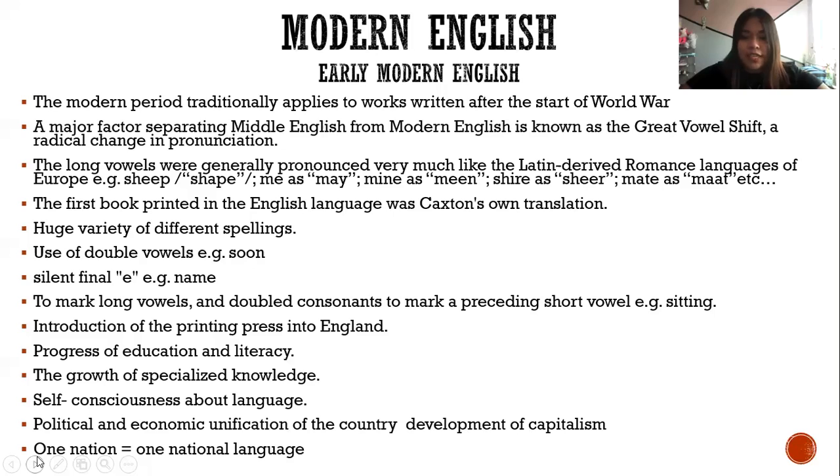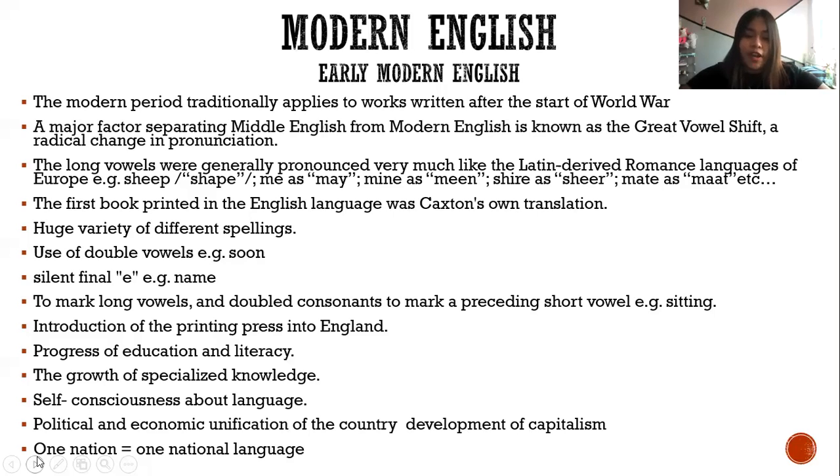In Middle English, the long vowels were generally pronounced very much like the Latin derived Romance languages of Europe, as sheep would have been pronounced more like shape, me as may, mine as men, shire as sheer, and mate as mat.